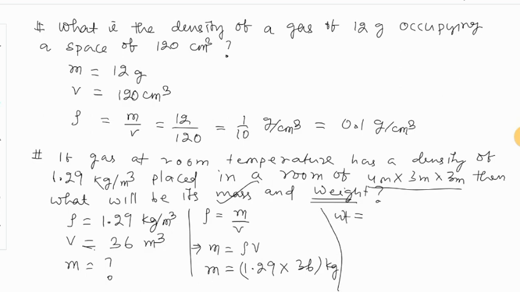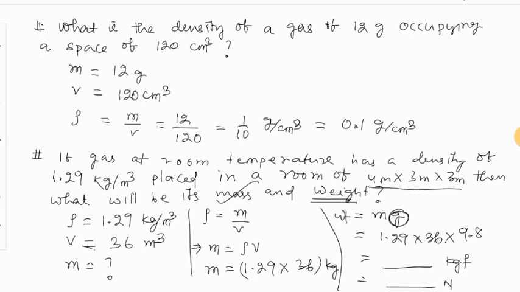Weight is nothing but mass into acceleration due to gravity. That is 1.29 into 36 into acceleration due to gravity, 9.8. Result is this much kgf, or this much Newton.